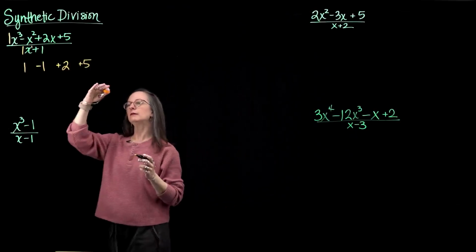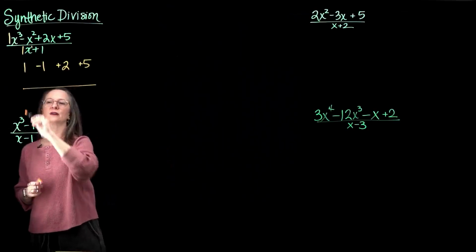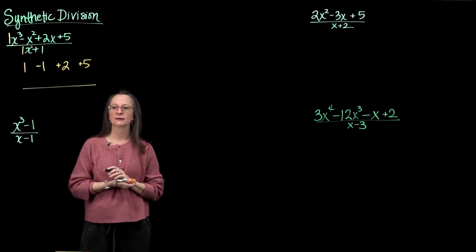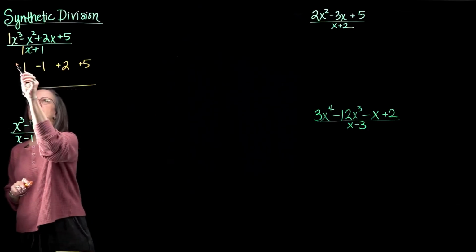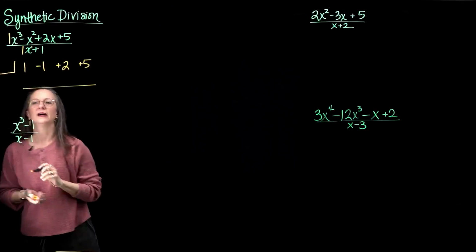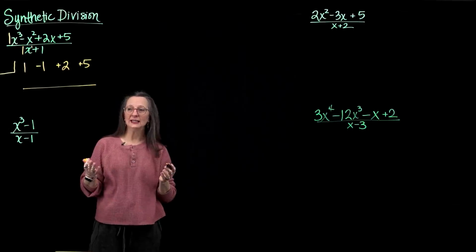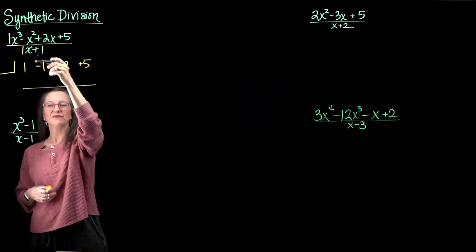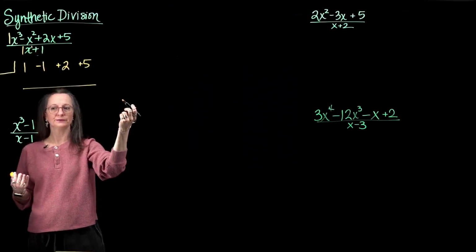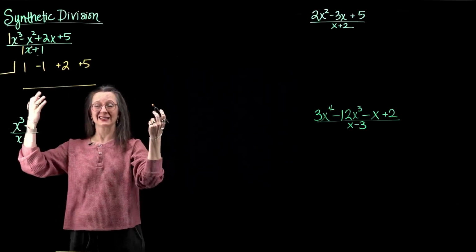I'm going to skip a line underneath that, and then draw a horizontal line a little ways down. Then up next to that 1 on the left-hand side, I'm going to mark a little box. In it, I look at the number I'm dividing by, x plus 1, and think about the number that would make that 0.